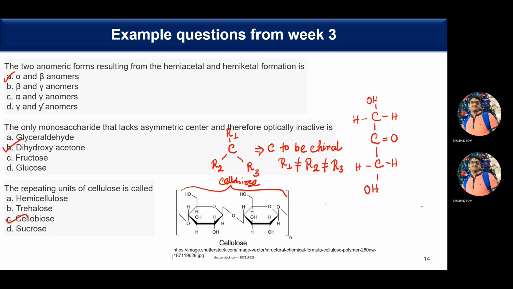I don't have anything to explain here as such, because as you can see, cellobiose is basically C1, 2, 3.